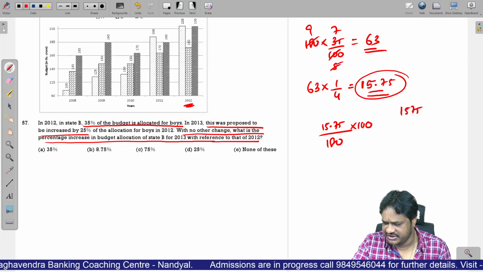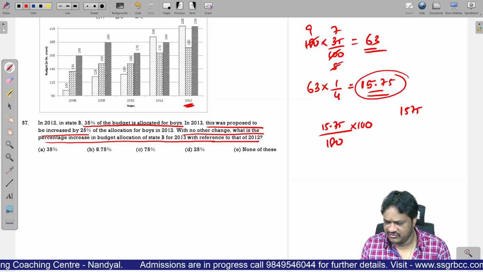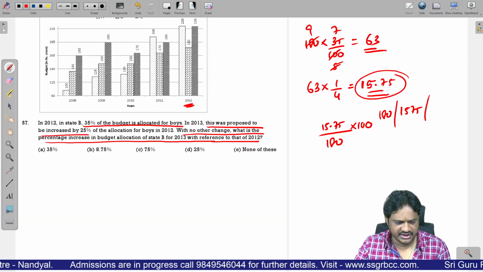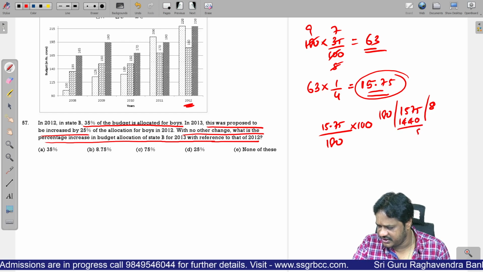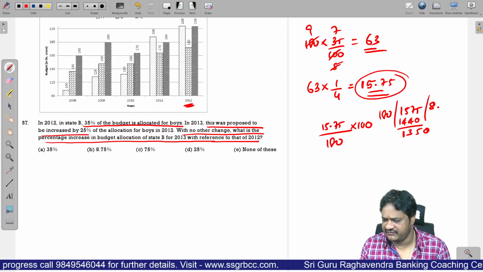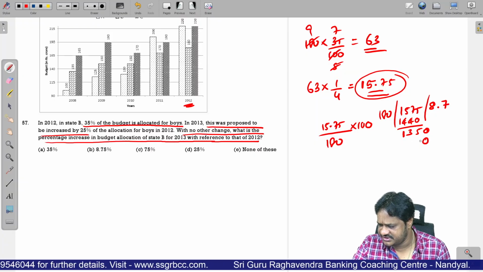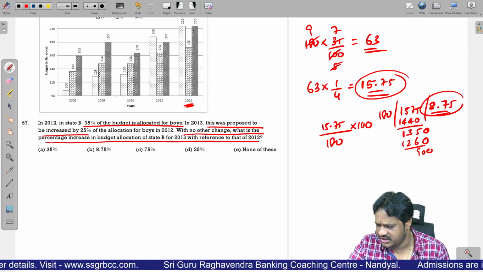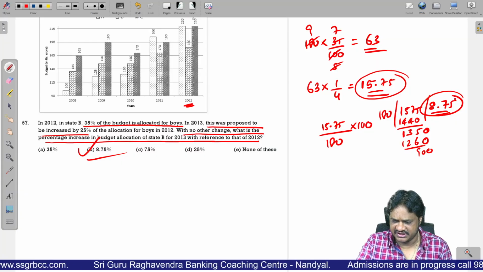Divide 1575 by 180. 180 into 8 is 1440. We get 135, 1350. Now 7 times, 1260. Now 5 times. So the answer is 8.75. 8.75 increase is the correct answer.